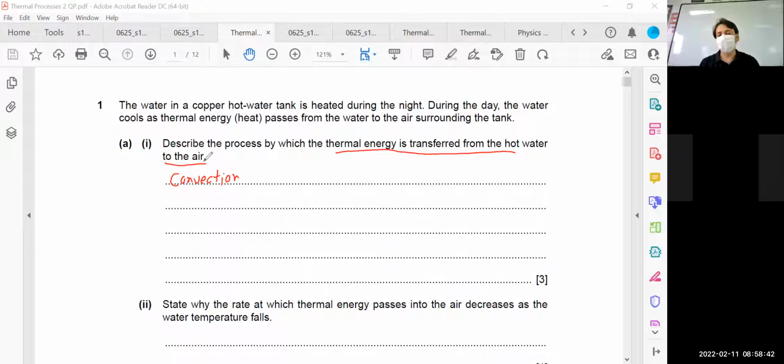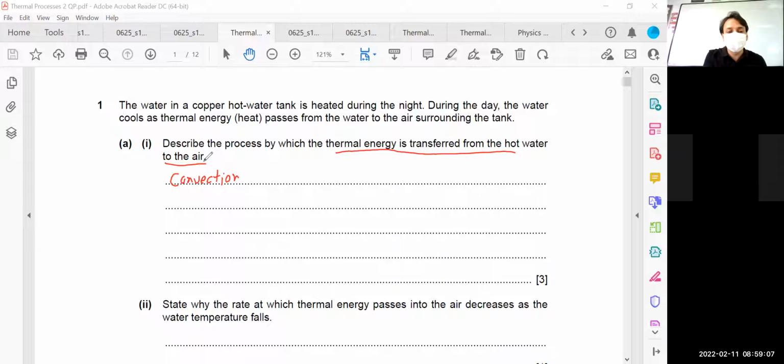Yes, okay. Now, children, first you need to try to understand the meaning of this statement. Hot water is there during the night time. But during the daytime, the water is losing its energy and its temperature is decreasing as thermal energy passes from the water to the air or the surroundings.